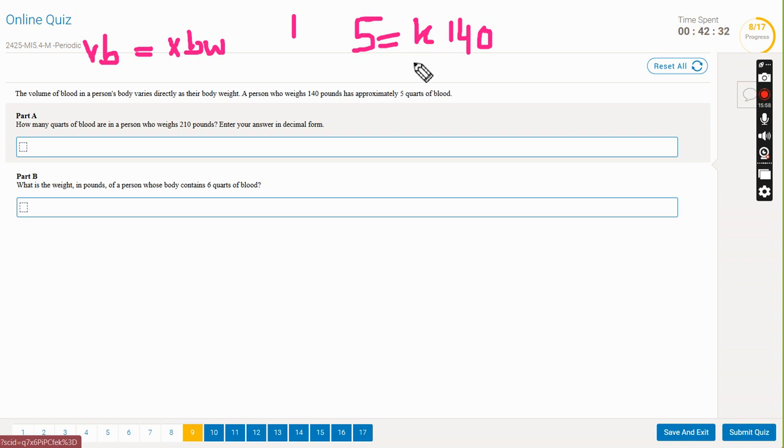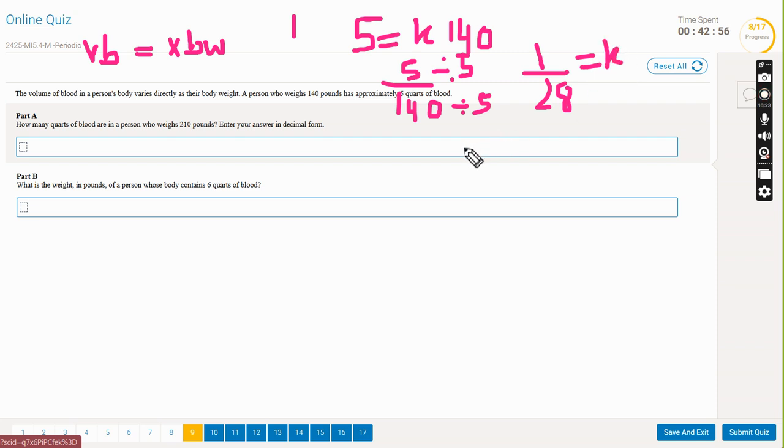So 5 divided by 140, you will get it like this. Here, what you can do is divide by 5 above, divide by 5 below, and keep it as a fraction. So 1 over, what is that going to be? 140 divided by 5 gives you 28, right? So you can find the k like this.